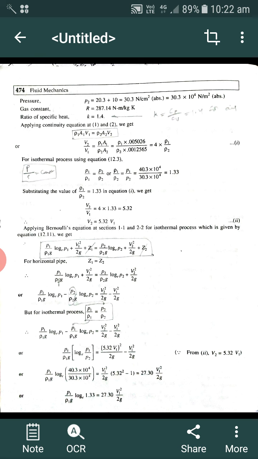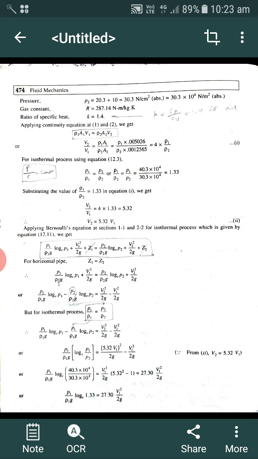After simplification, you will get P1 by rho 1 equal to 47.894 V1 square. Now find the value of P1 by rho 1 using the perfect gas equation, P by rho is equal to RT.